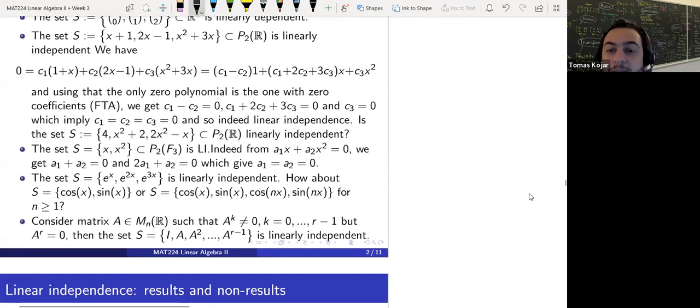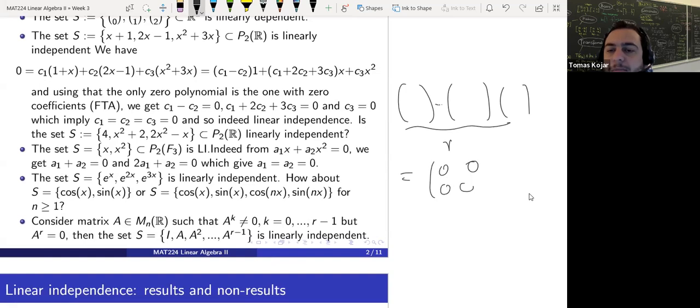So it would be like this times itself, and if you do it r times, you get the 0 matrix. I had an example somewhere. I'll write it in the notes later.